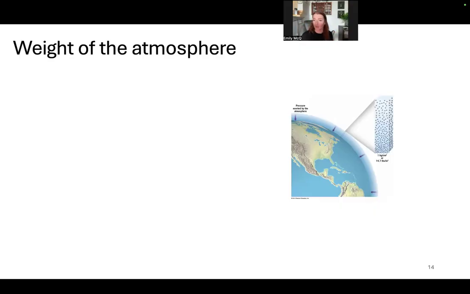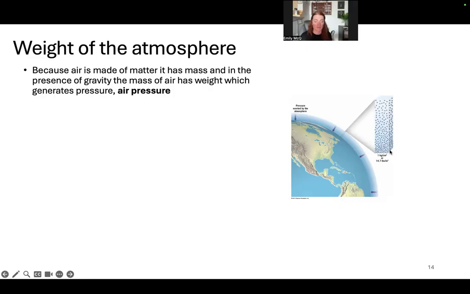So the weight of the atmosphere comes down to the different layers of the atmosphere. Let's go through the steps so I'm not just screaming at you. Because air is made of matter, which now we have seen, right? It's made of nitrogen and oxygen and carbon dioxide and all these other compounds. And it also holds water.